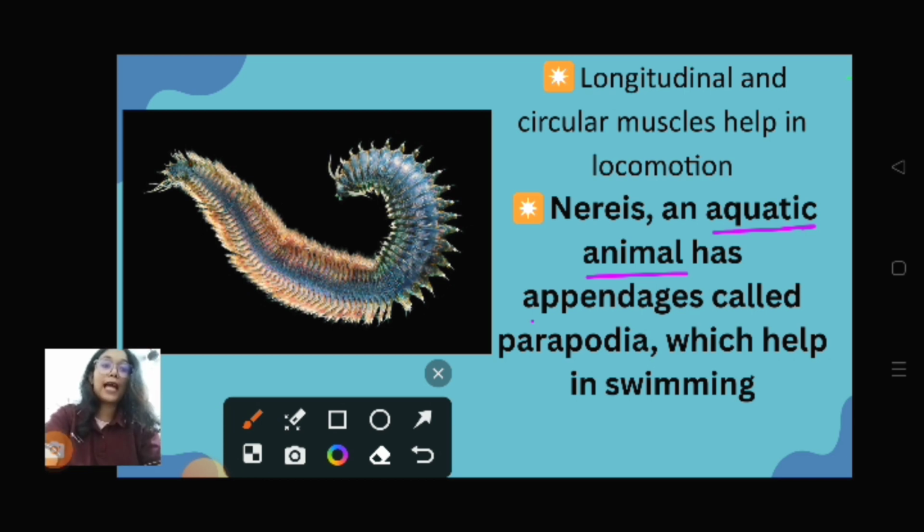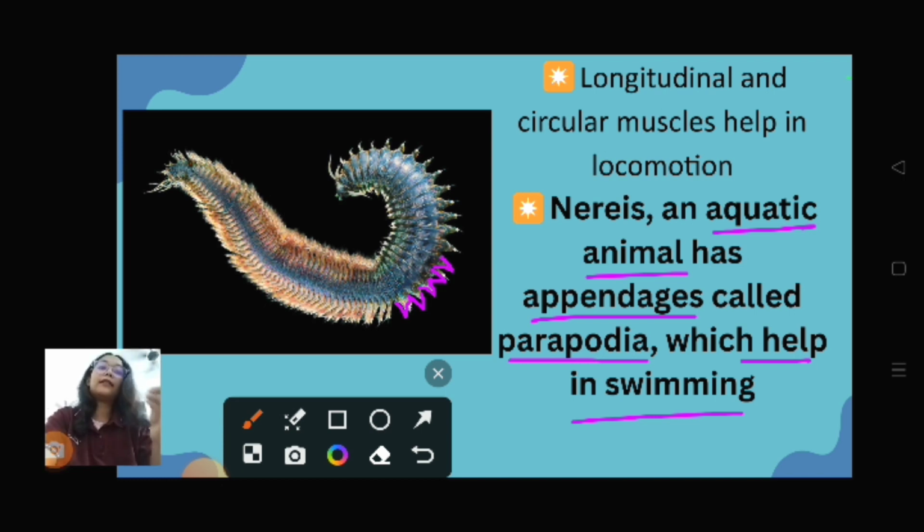They are having appendages. So this structure you can see, these are appendages. Or we can call them parapodia, which help them in swimming, because they live in watery environment. They need some parts which will help them for the swimming purpose.